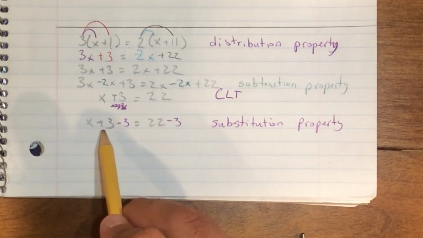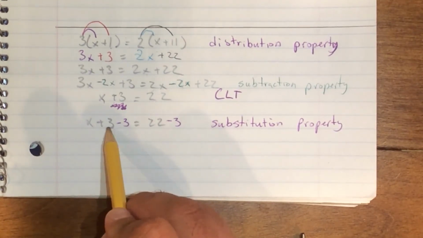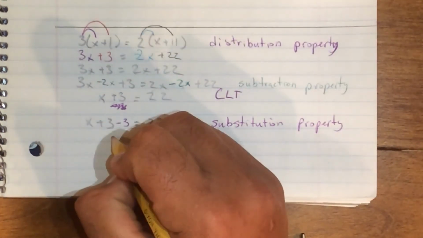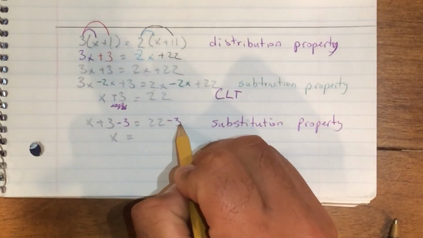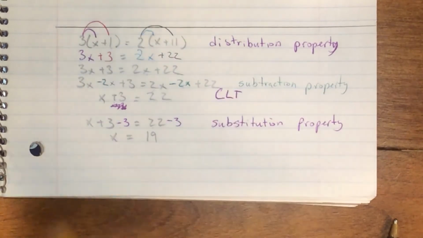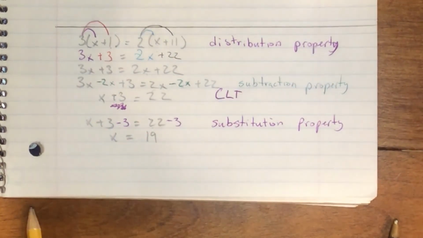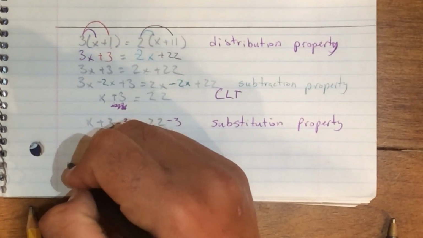Okay, so we have x and then 3 minus 3. So 3 minus 3 goes to 0. So we have x is equal to 22 minus 3, which is 19. And this is also just combining like terms. So we have, again, therefore.